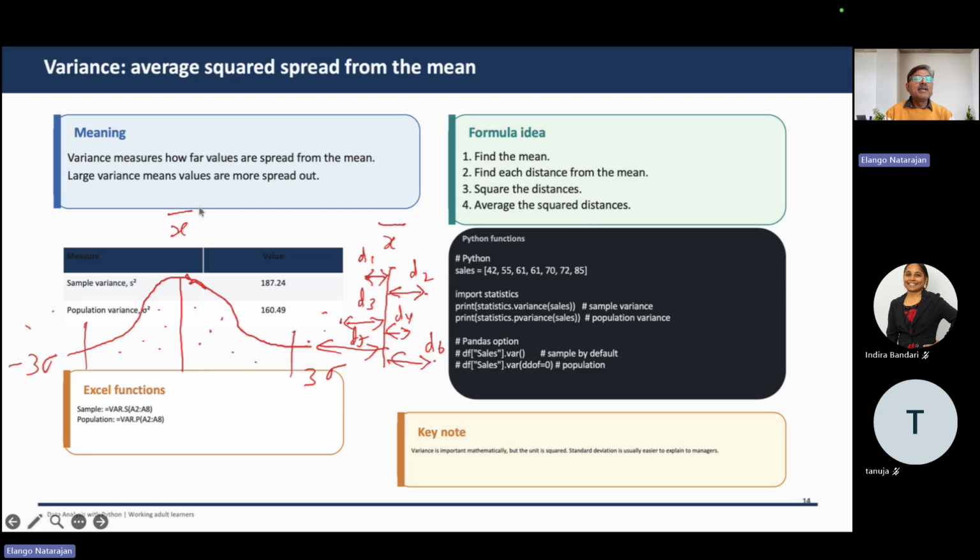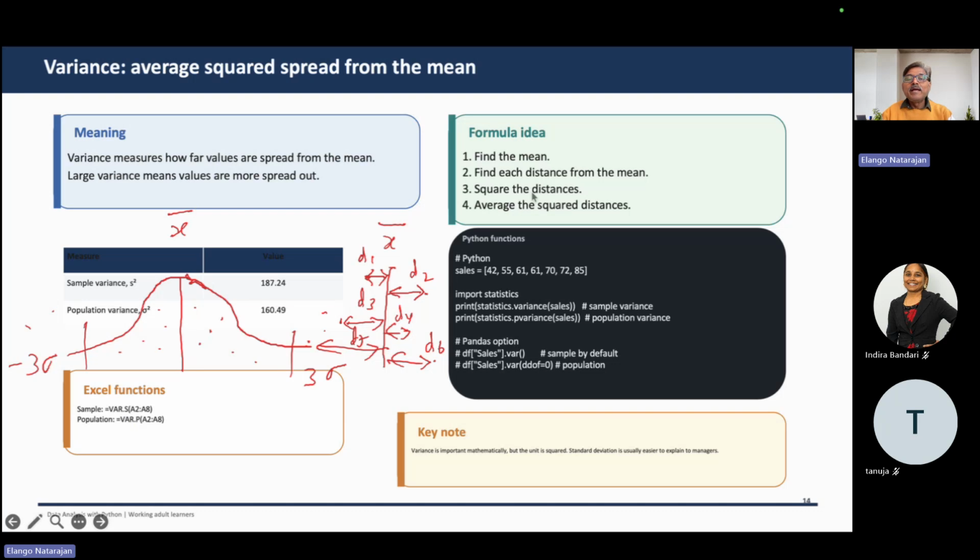That will give you the variance of your data. In case you want to do this in Excel, just use the VAR function. VAR.S is used for sample data. VAR.P is used for population data. So you can use either one.